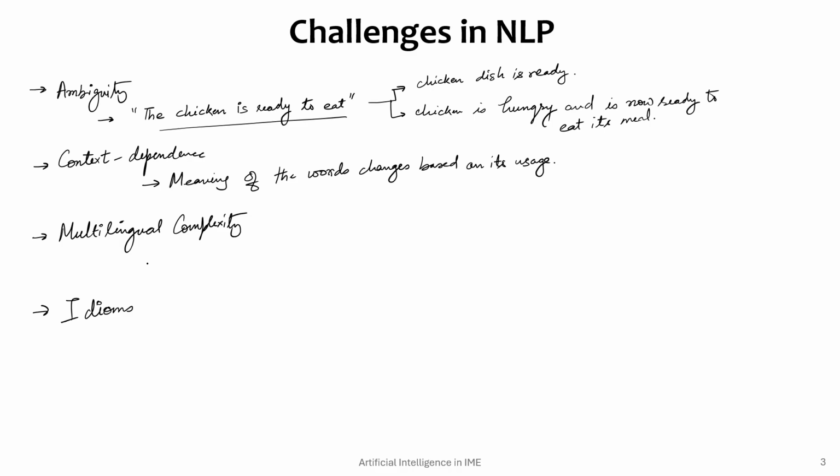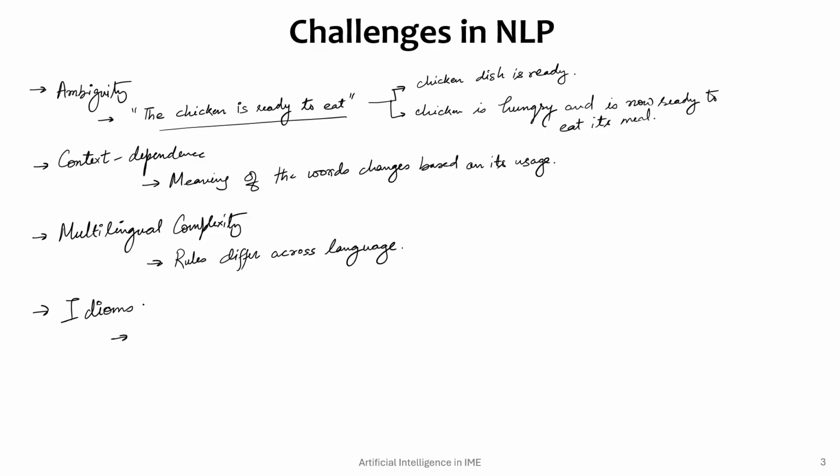The third is multilingual complexity, and this is simple to understand: rules differ across languages. The grammatical rules for developing a simple sentence in Hindi or English or Spanish will be very different, right. So the model built for a particular language may not perform similarly for a different language. So, we need to have multilingual models for our applications, right.